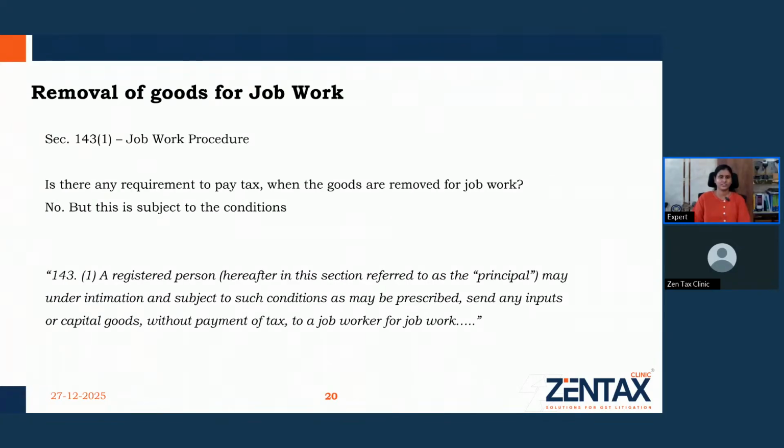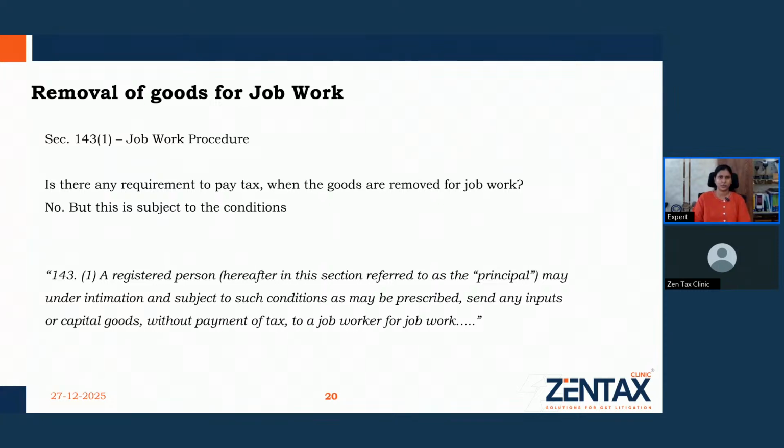First is Section 143, job work procedures. Another common doubt many people have is, is there any requirement to pay tax when the goods are removed for job work by the principal? Actually, the answer is no, but this is subject to conditions.